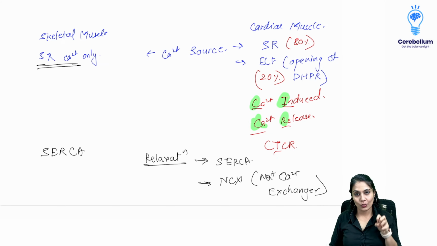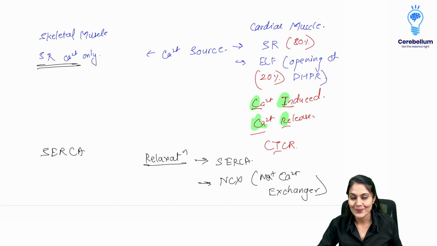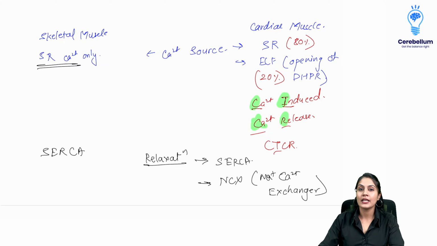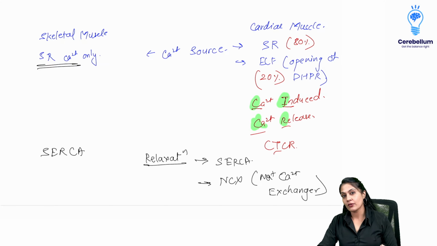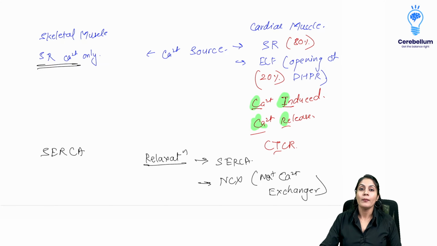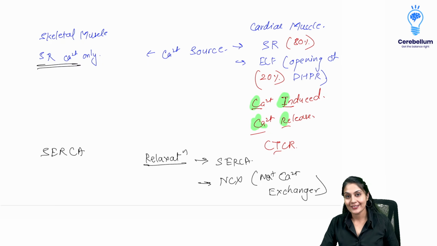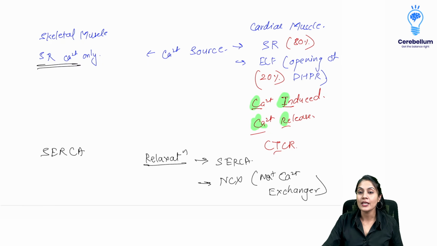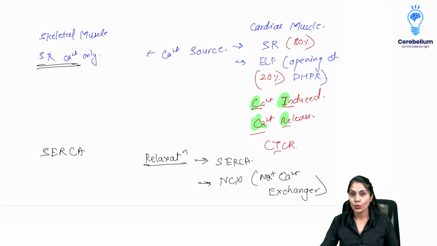It is going to take the sodium in and throw the calcium out of this muscle whenever the cardiac muscle wants to relax, right? And that's how the excitation-contraction coupling, that means the electrical energy will be converted into contraction, which is the mechanical energy, be it the skeletal muscle or the cardiac muscle. CICR is going to be definitely present over here.